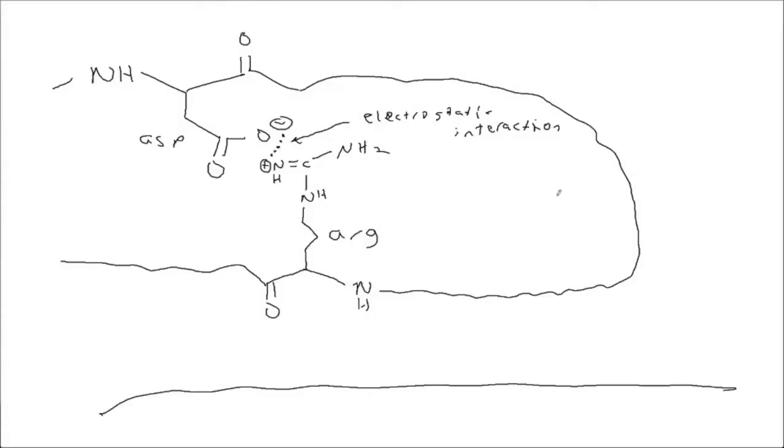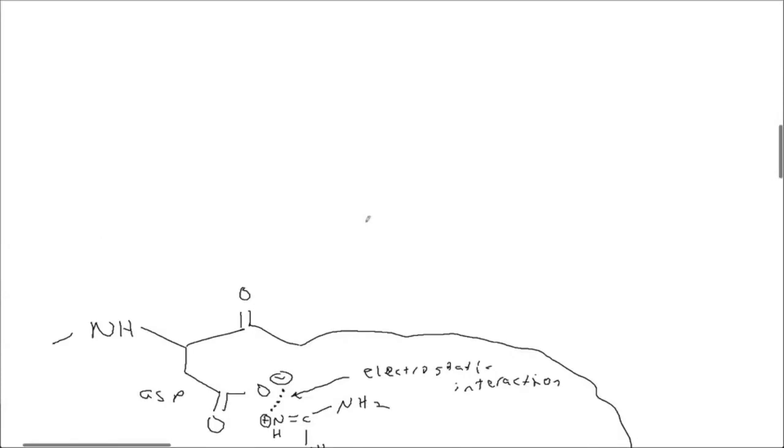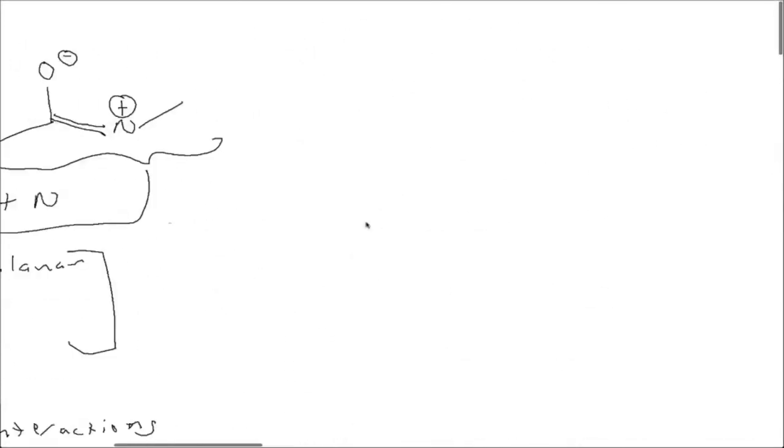Okay. Let's see. So what are the 4 types of large biological molecules? The 4 types of large biological molecules are proteins, lipids, nucleic acids, and carbohydrates.